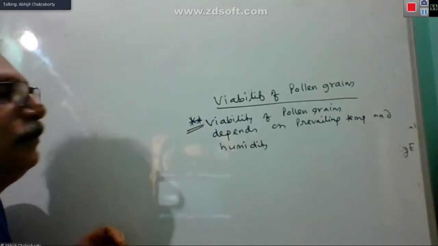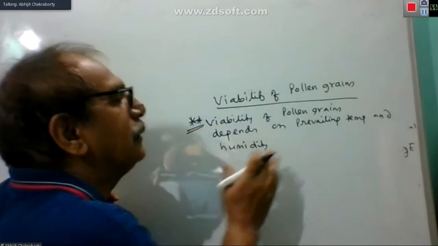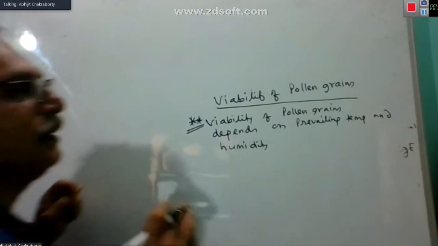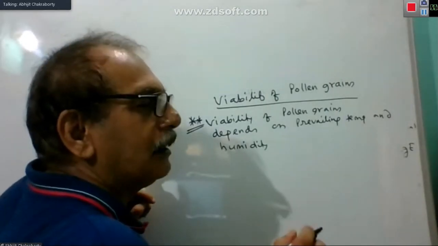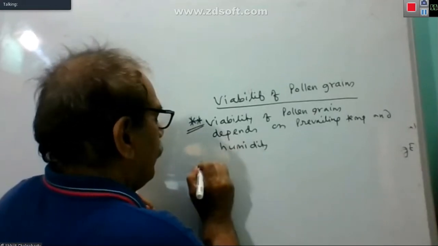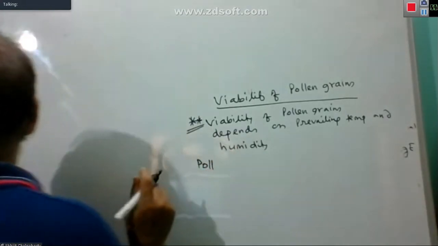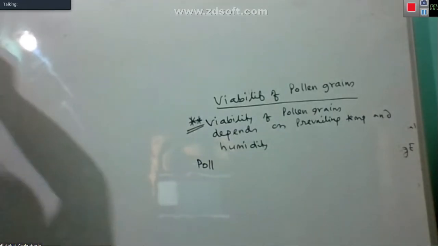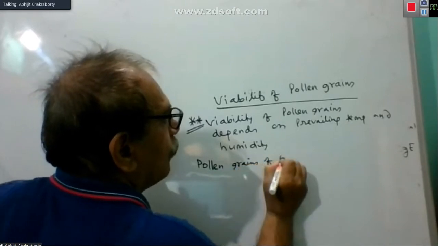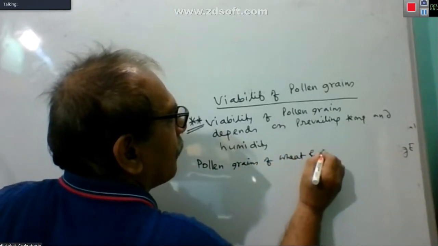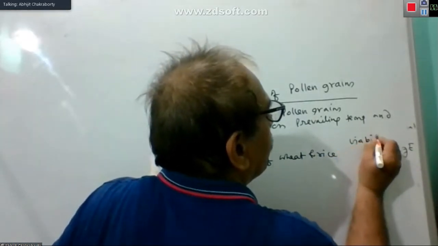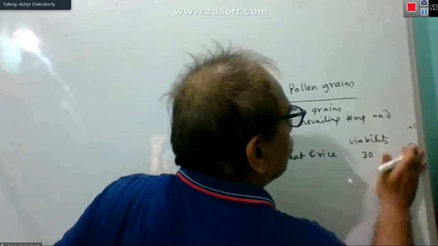That means temperature and humidity, you need to remember this point because it's coming in the entrance. Prevailing temperature and humidity. And you need to remember the viability of some pollen grains. That was viability of pollen grains of wheat and rice. Viability is 30 minutes.